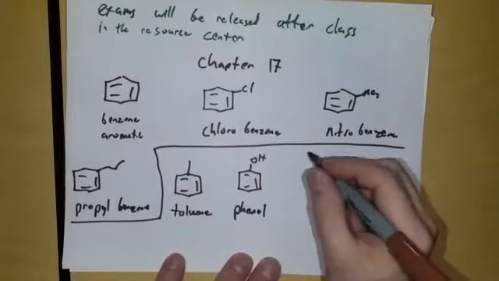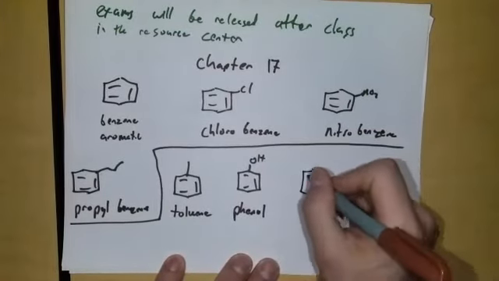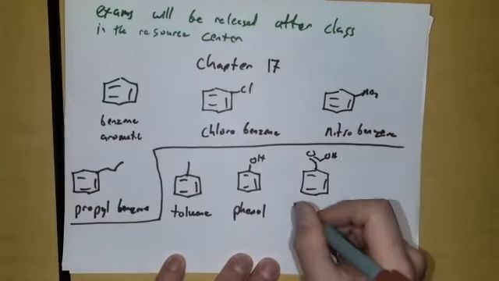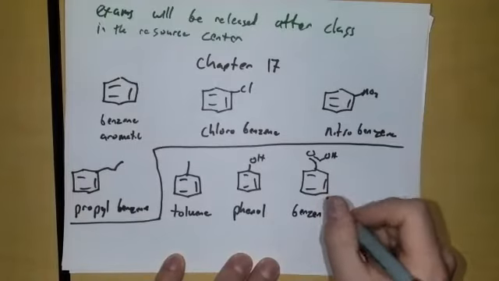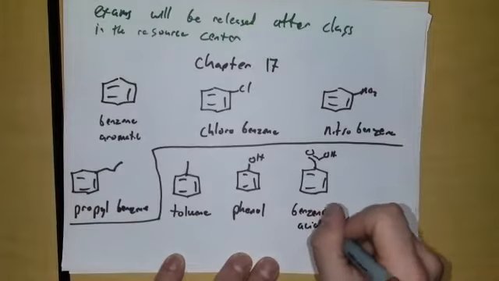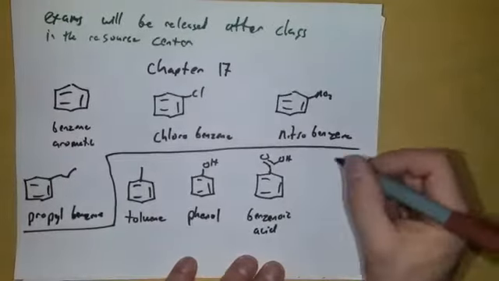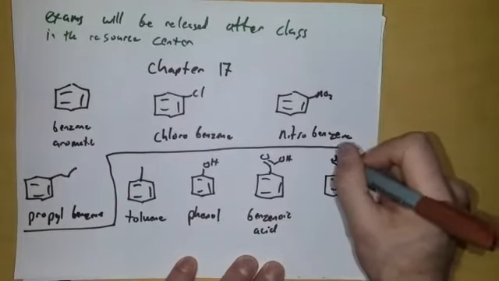If we have an aldehyde or carboxylic acid, so carboxylic acid could be benzoic acid. And aldehyde is going to be benzaldehyde. I'm sure it's one you guys have heard by now.